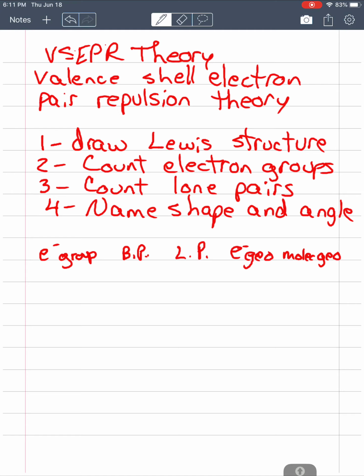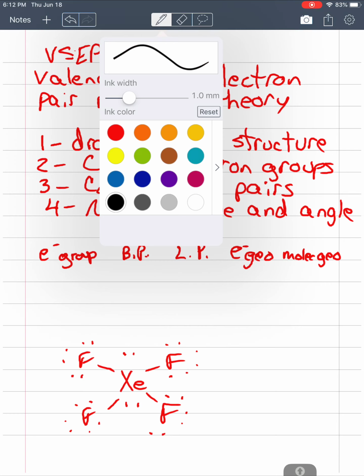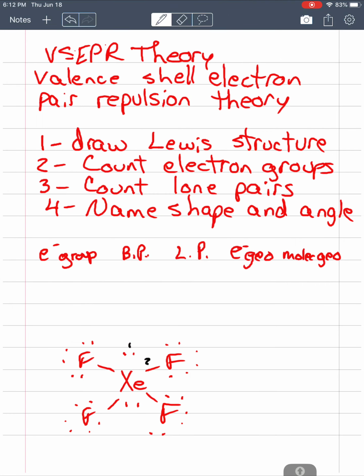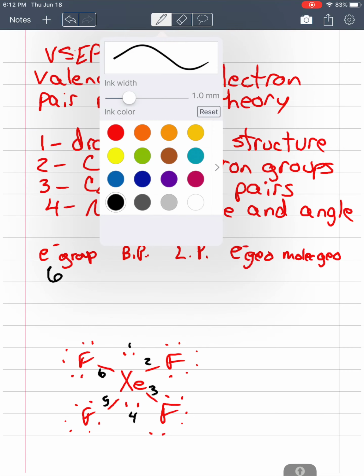But let's say you have something like this. Then let's count the electron groups. I'll show you how to work one of these charts. 1, 2, 3, 4, 5, 6 electron groups.